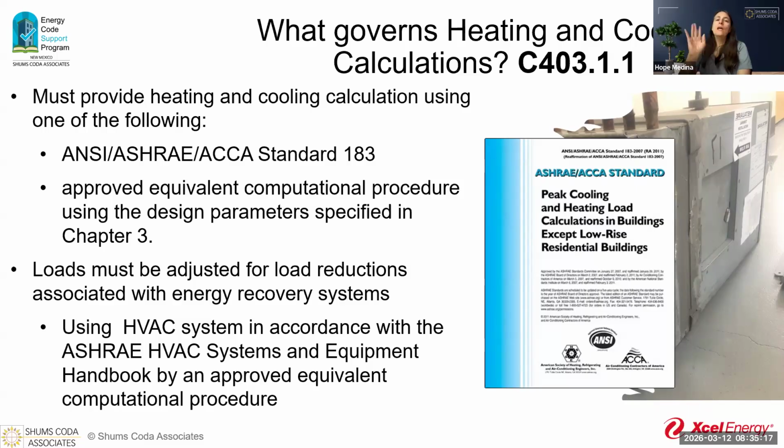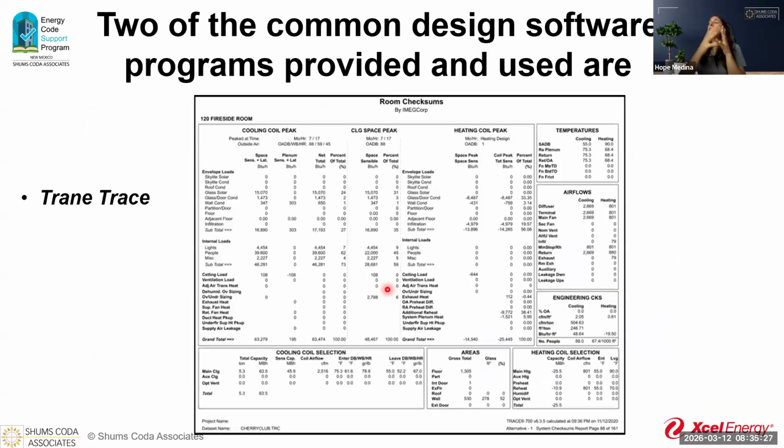All right, so this is the section that governs it. We're not going to go into all of the fun stuff. What we are going to do is walk through what some of these reports are going to look like. This is obviously not every single one of them. There are about 2 software packages often utilized in providing our heating and cooling load calculations.